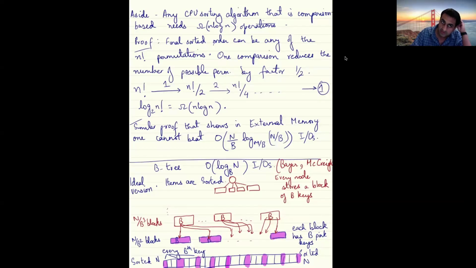So if not, how many levels does a B tree have? Like the root has the whole space, right, of the entire set of keys. And you're putting B equally spaced elements from this entire set of keys.